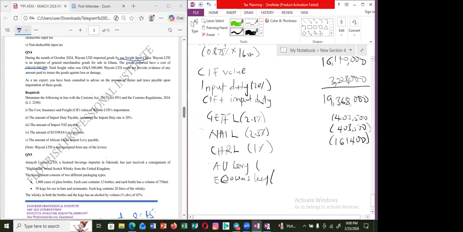Yes, AU is how much, 32,000, please? 32,280. So AU is 0.2%, right? That's what I wanted to hear. So 32,280. And then the ECOWAS is what? 8,700. 8,700.